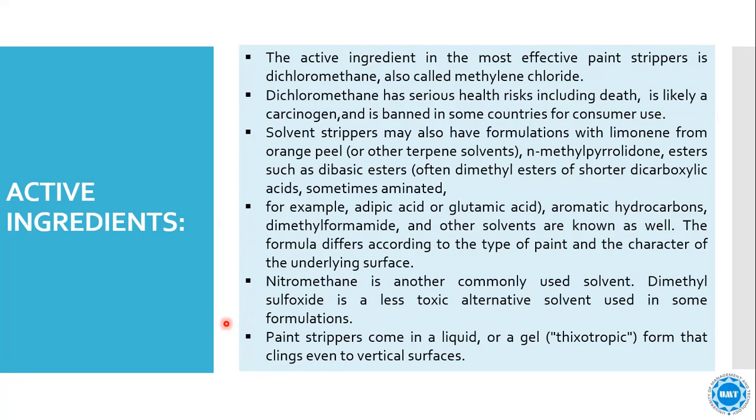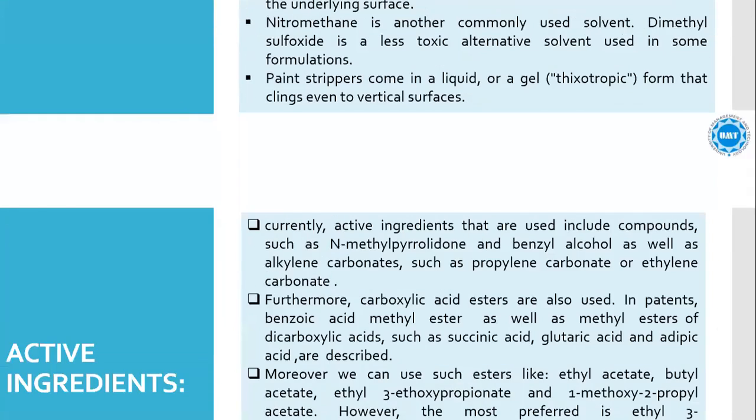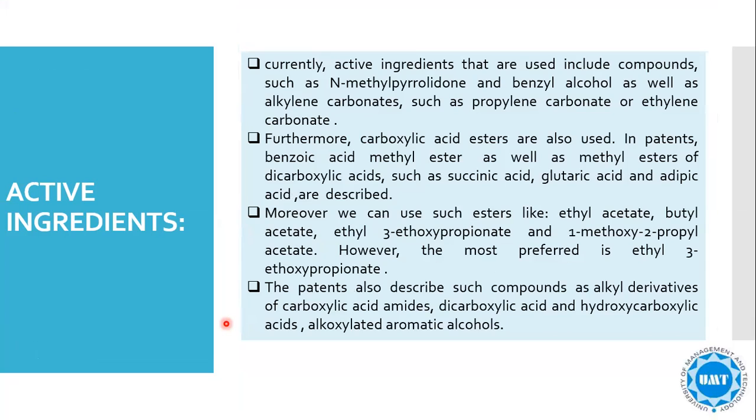Paint strippers come in liquid or gel thixotropic form that clings to vertical surfaces. Active ingredients that are used include compounds such as N-methylpyrrolidone, methyl alcohol, as well as alkylene carbonates such as propylene carbonate or ethylene carbonate.